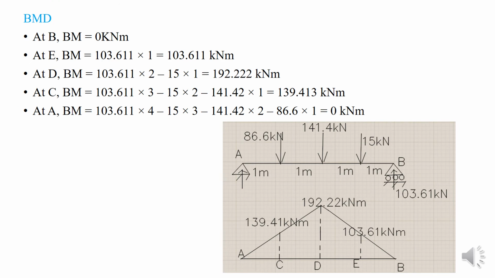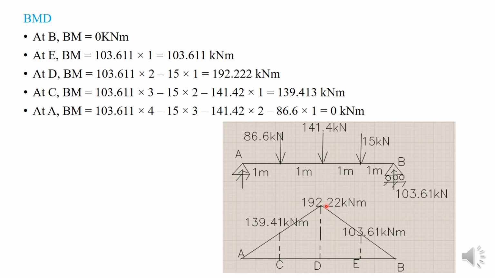Now regarding the bending moment diagram, at B the bending moment will be 0 and at A the bending moment value will be 0. Then at E, you can see it is RB into 1, so 103.61 into 1, which is in anti-clockwise direction, so positive. So here there is an inclined line. Then what is the value of bending moment at D, which is RB into 2 minus 15 into 1.